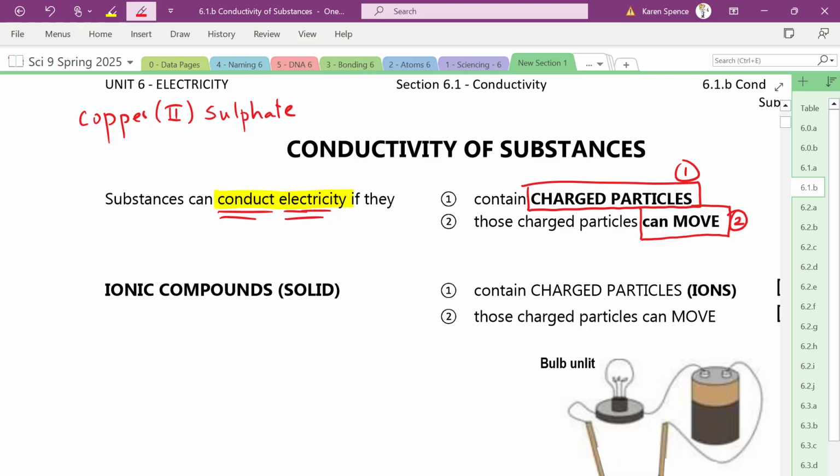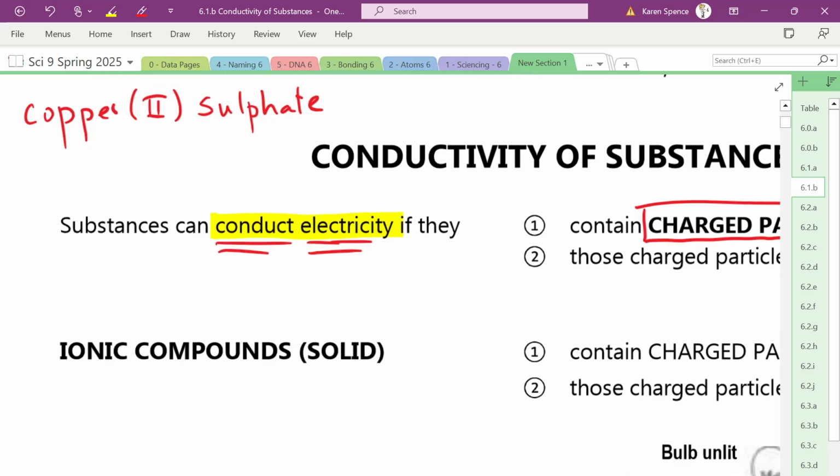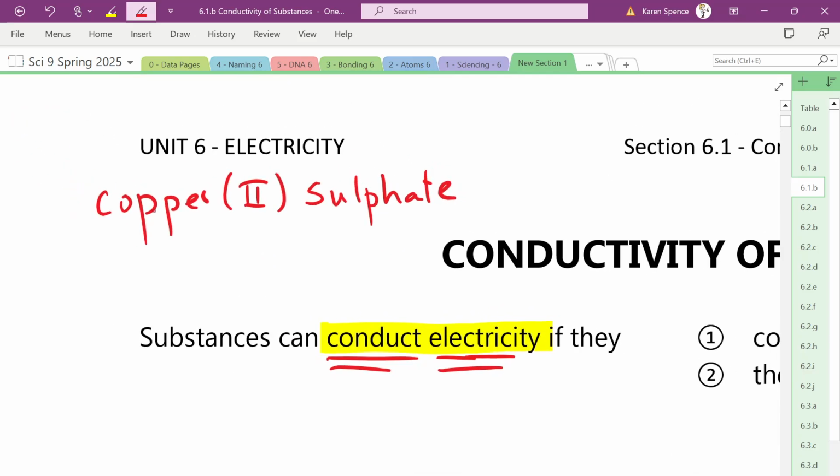And if I were to tell you to write the formula of this, what would you need to know? Copper is, what's the symbol for copper? Cu. And what is the symbol for sulfate? Does anyone remember? It's SO4, okay?